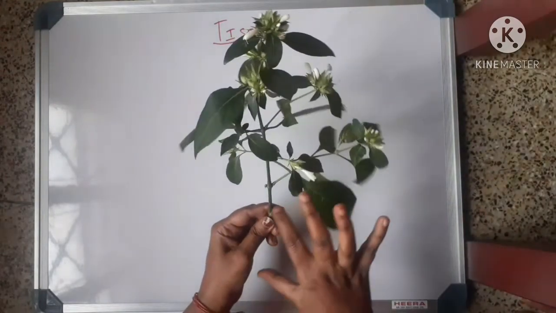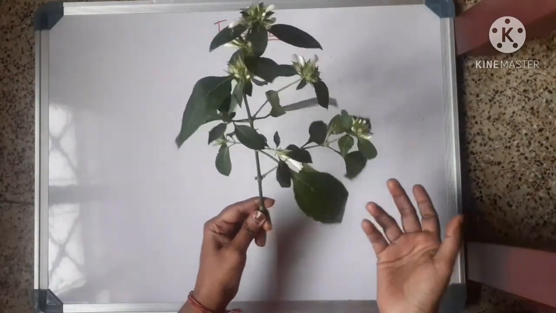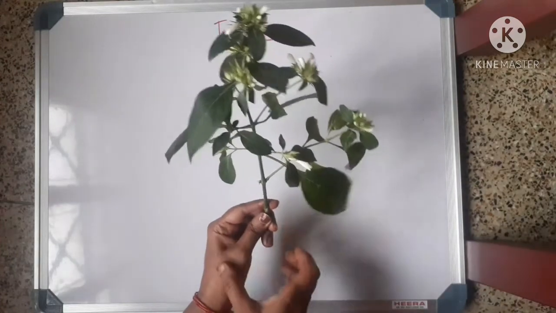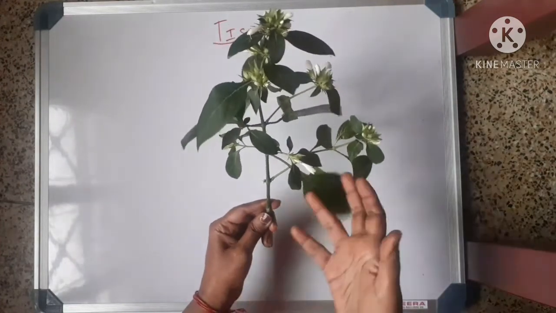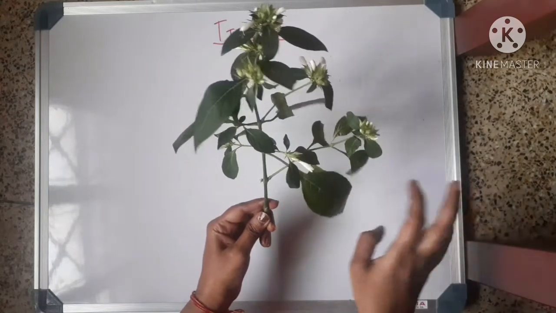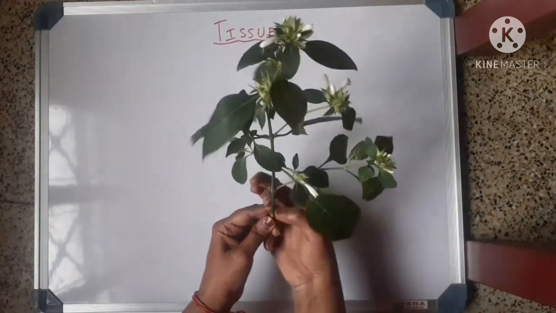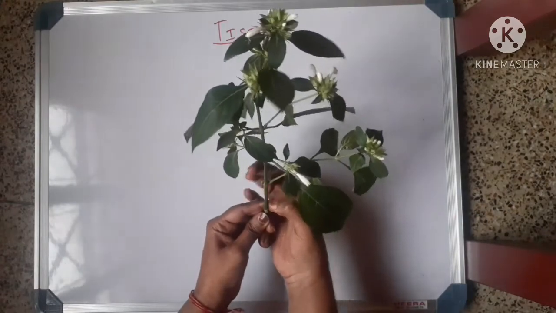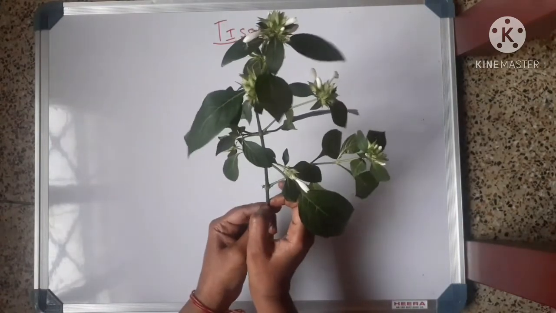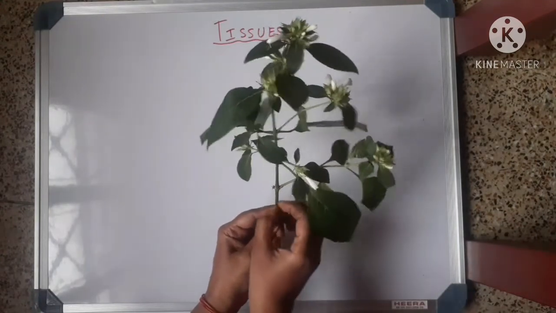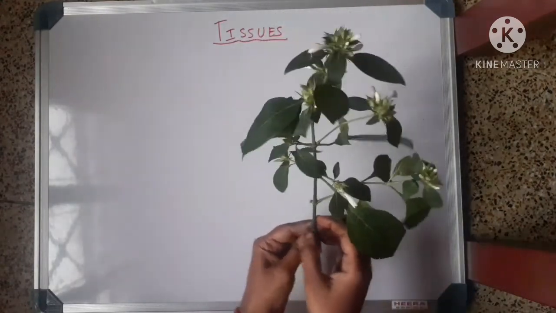That is because the older meristematic tissues, when they are converted into permanent tissues, form regions that protect the plant and provide support. And the tissue that increases the width of the stem or the root is known as cambium. It increases the thickness of the stem.